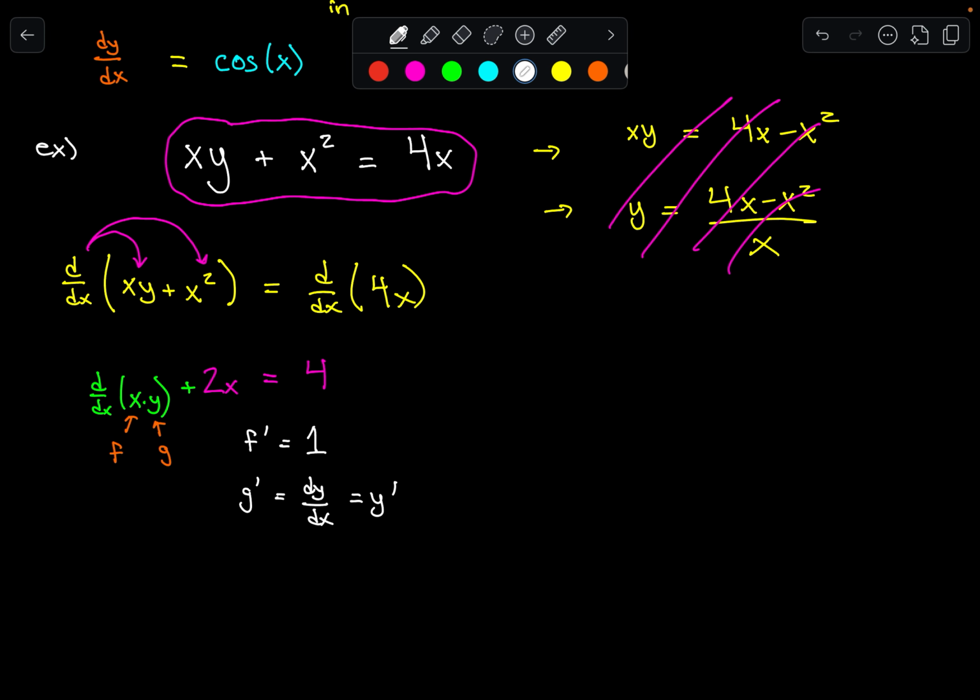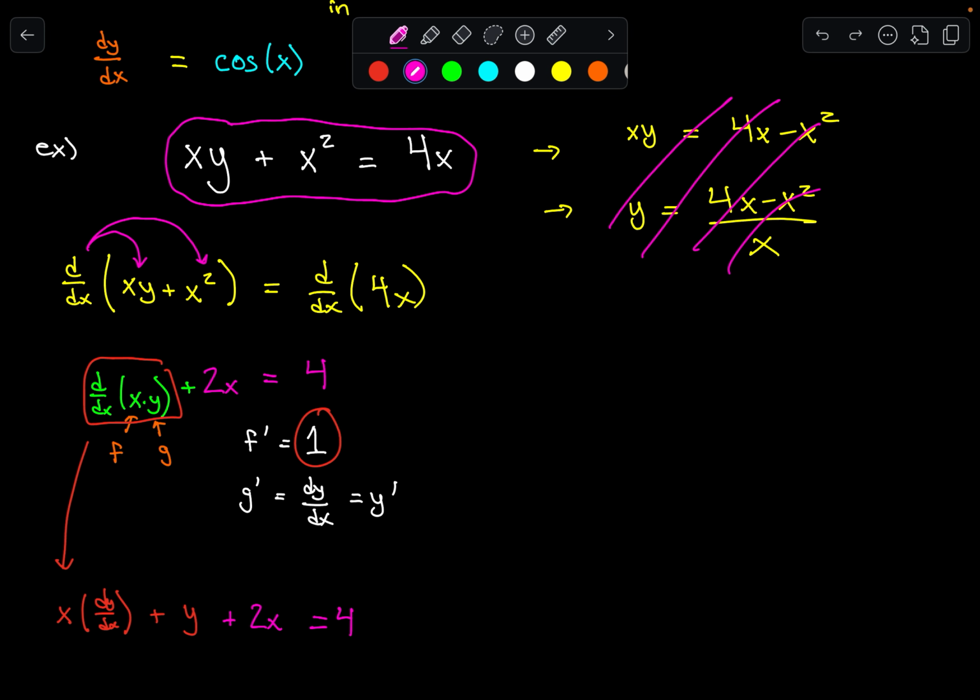But the point is that now I can use the product rule, which says that it's going to be f, which is my x, times g prime, which is my dy dx, plus f prime, which is just 1, multiplied by g, which is my y function. So there's what y is, okay? And then I'm going to have left over my plus 2x is equal to 4.